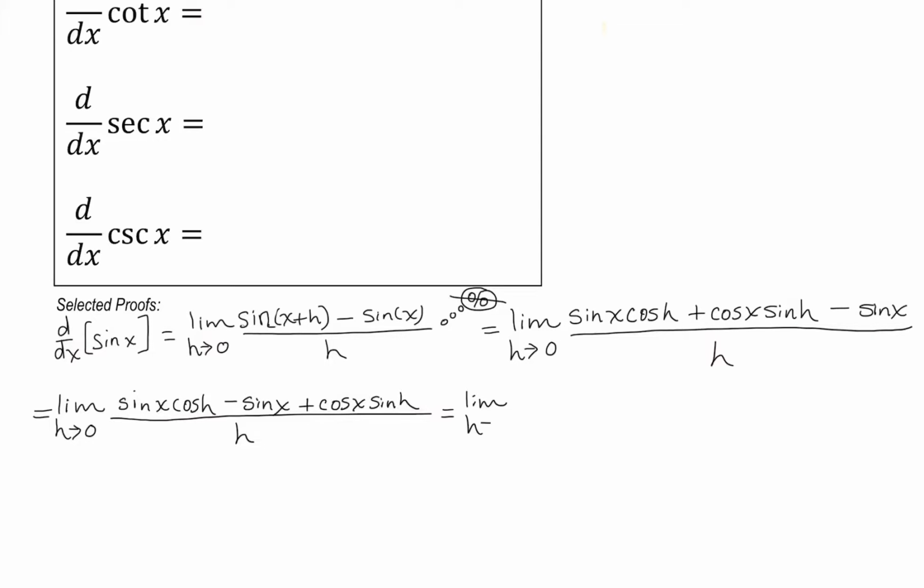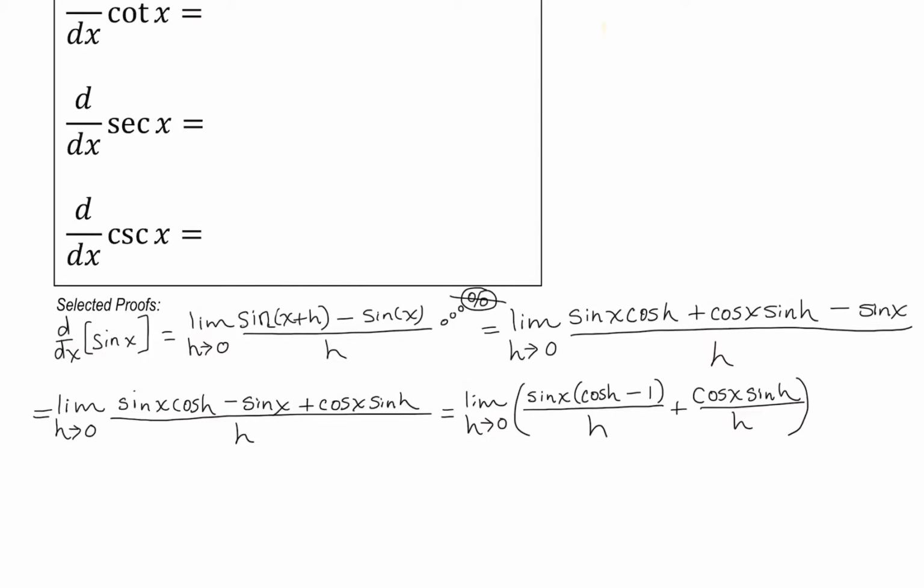So we have the limit as h goes to 0, and I'm going to factor out the sine x from the first two terms, so cosine of h minus 1, over h. And then I'm going to break this into two terms, where I write the last term, cosine x sine of h, all over h.